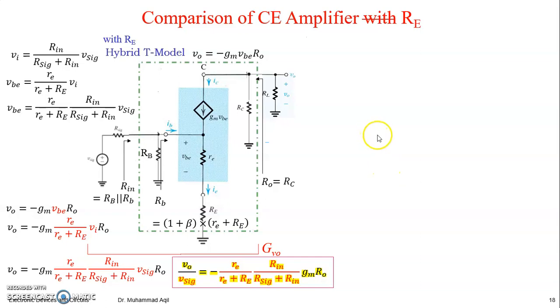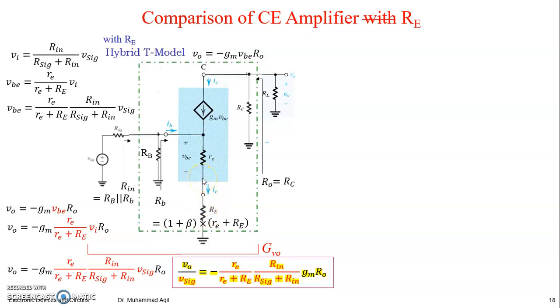Now that we have analyzed the common emitter amplifier with resistance Re, we have seen that when we have a discrete Re resistance at the emitter, it is better to use the T model, because in this way you can see how this resistance plays its role in the circuit.